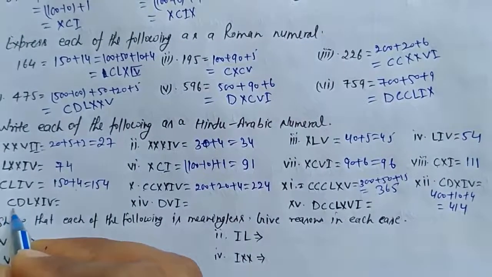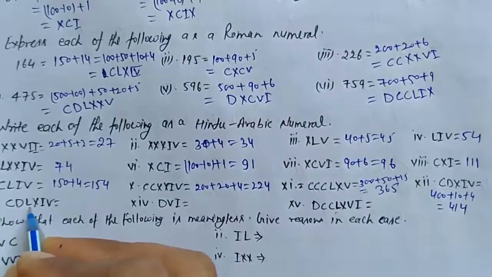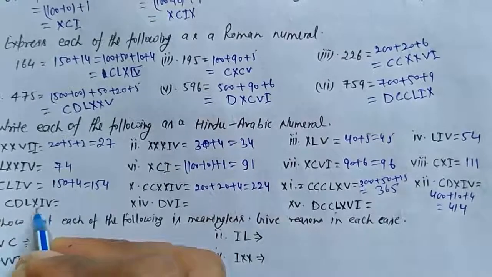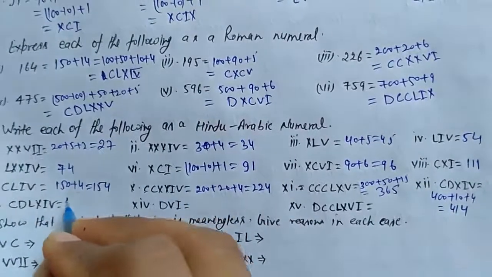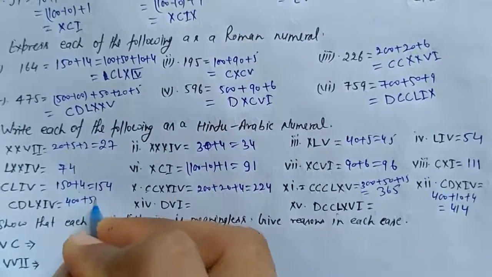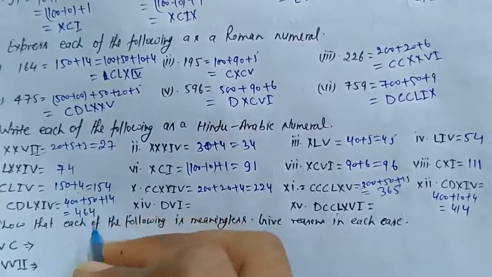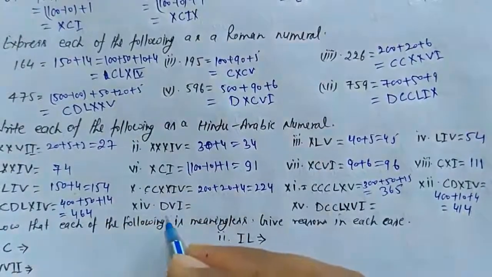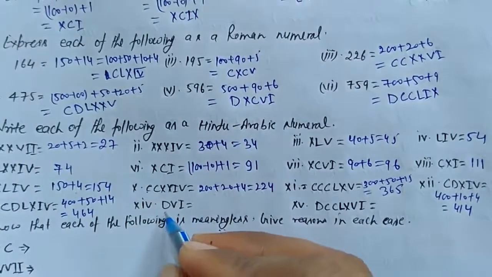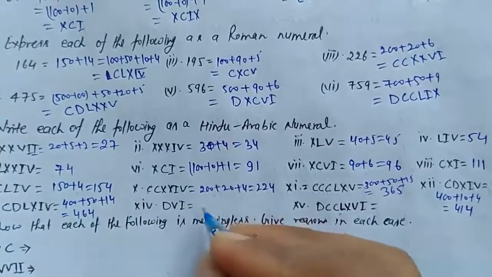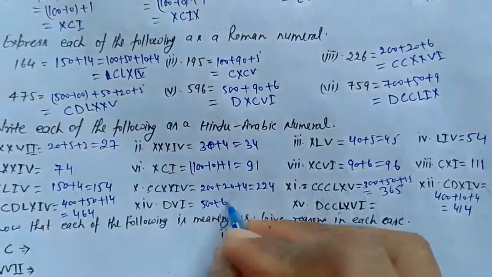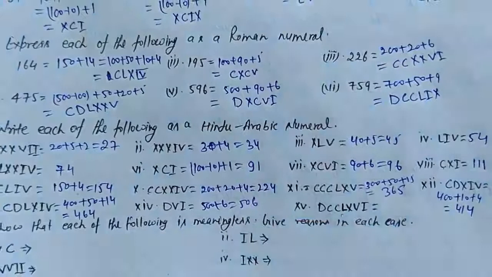CD is the representation of 400, L is 50 and that is 14. The answer is 400 plus 50 plus 14, that is 464. Next is DVI. D is the representation of 500 and VI for 6. So that is 500 plus 6 is 506.